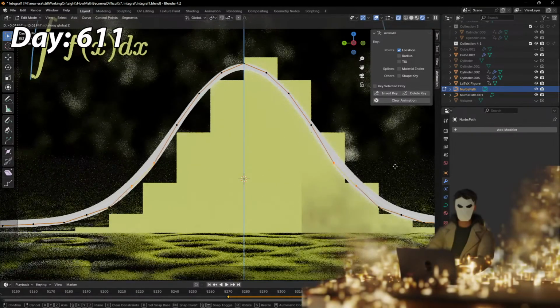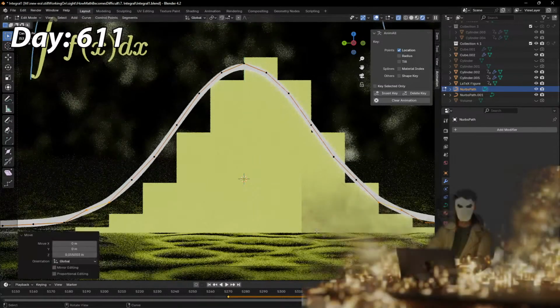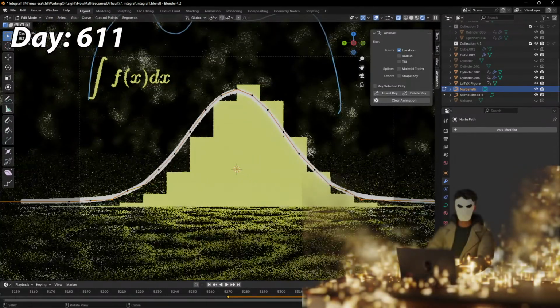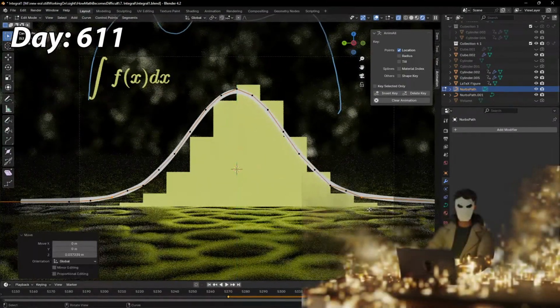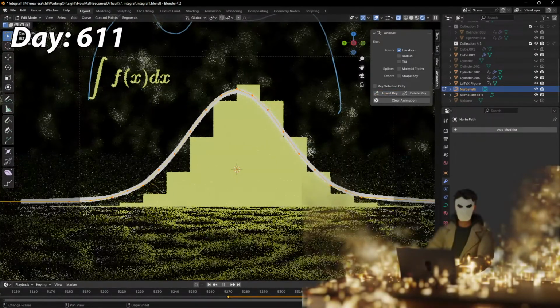It's so funny how I set up the geometry nodes perfectly, like mathematically perfectly. Geometry nodes in the background are mathematically perfect, and I'm just fixing the curves manually. There we go. Insert keyframe. That will be our keyframe from now on.